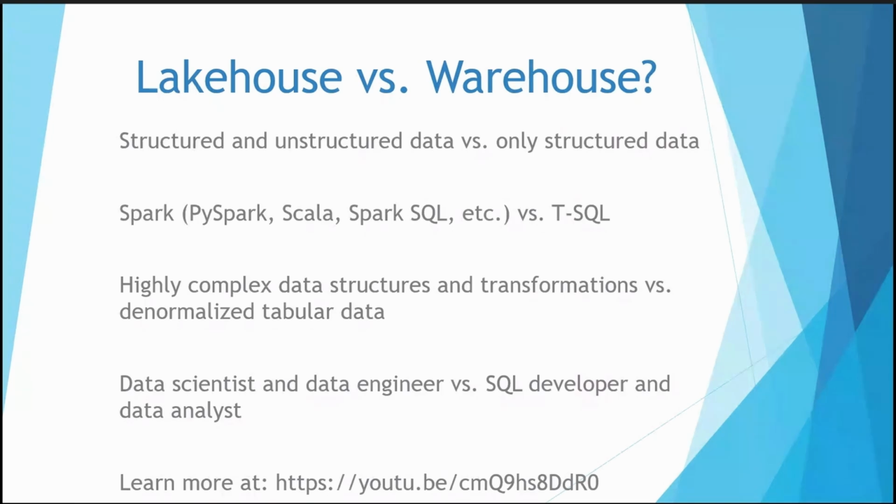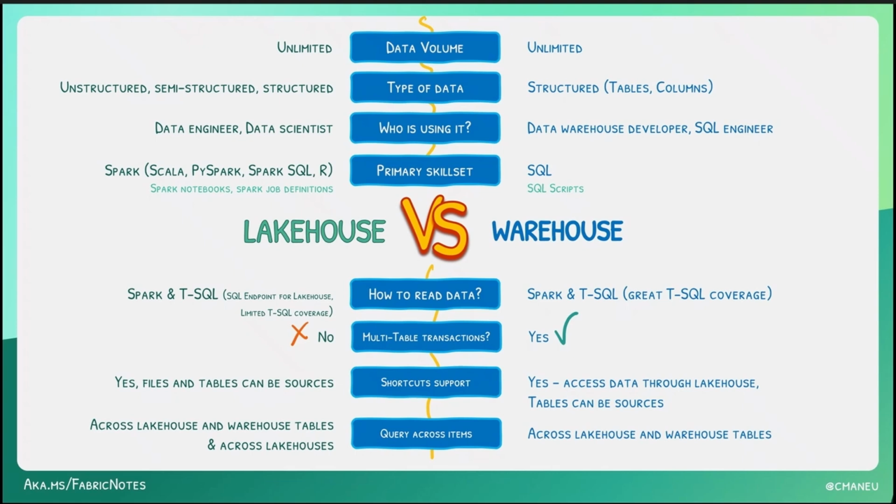There's a link here to a great video from Simon at Advanced Analytics, where he spent like 20 minutes breaking all this down. Now he's definitely biased and fairly Lakehouse, I'd say, but it's a really good video to go watch and to think about all the different pros and cons of each. And of course, there's a slide about that.